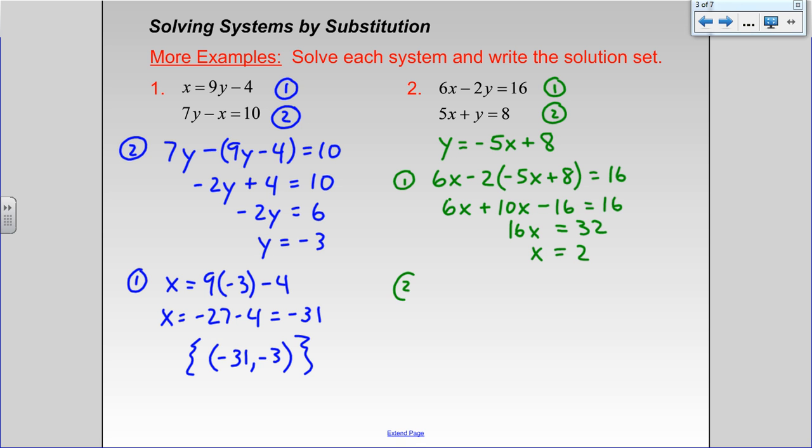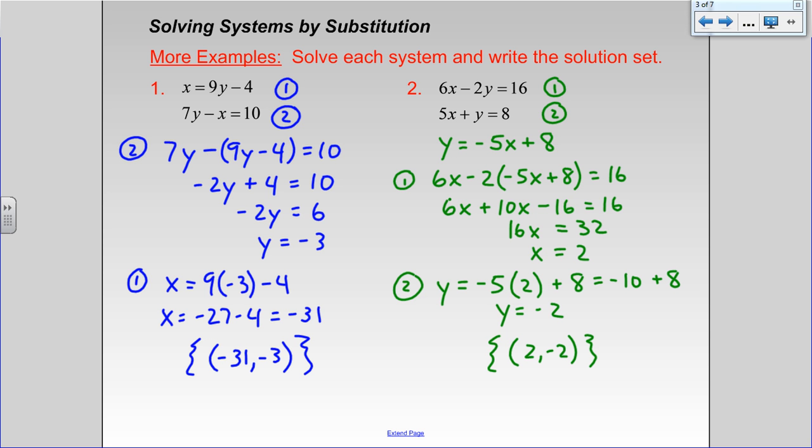Now going back to equation 2, which remember we rewrote as y equals negative 5x plus 8, we can replace x with 2 to obtain y equals negative 2. So the solution to our system is the ordered pair 2, negative 2. Once again, we have intersecting lines, in this case intersecting at the point 2, negative 2.